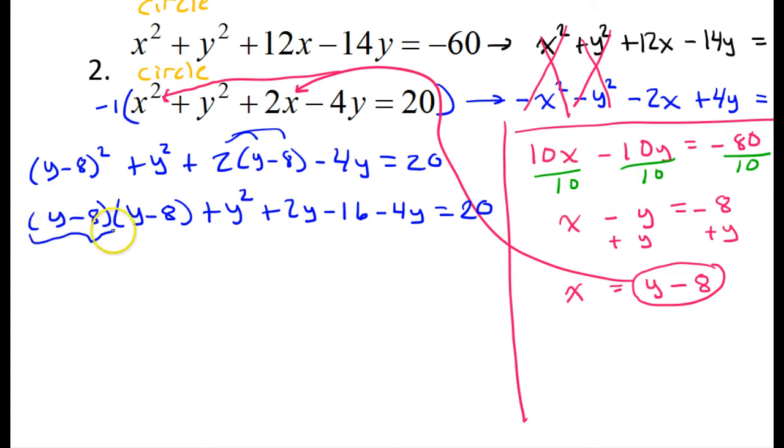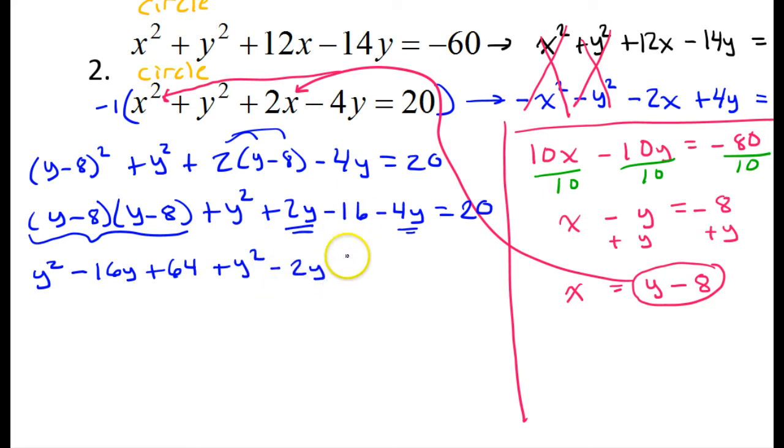If I double distribute this, or FOIL, whatever you want to call it, I'm going to get y squared minus 16y plus 64. And then, let's see, so I've got plus y squared. I'm going to go ahead and combine these like terms right here. So that's going to give me minus 2y. And then I've got the minus 16 is equal to 20.